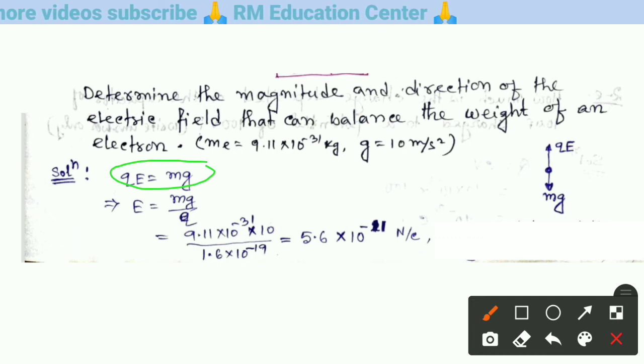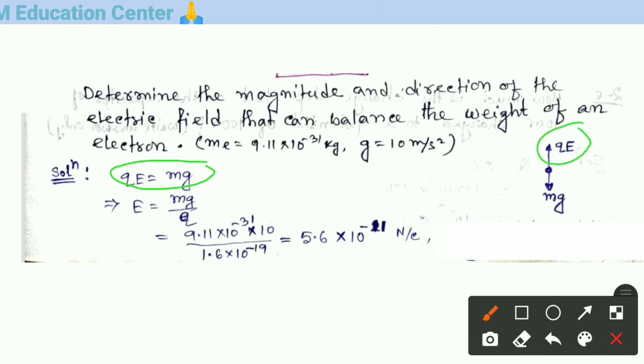In that case, you have to write qE equals mg, because qE is the force experienced due to the electric field, and mg, the weight, is opposite to the force due to the electric field. Now E equals mg by q.